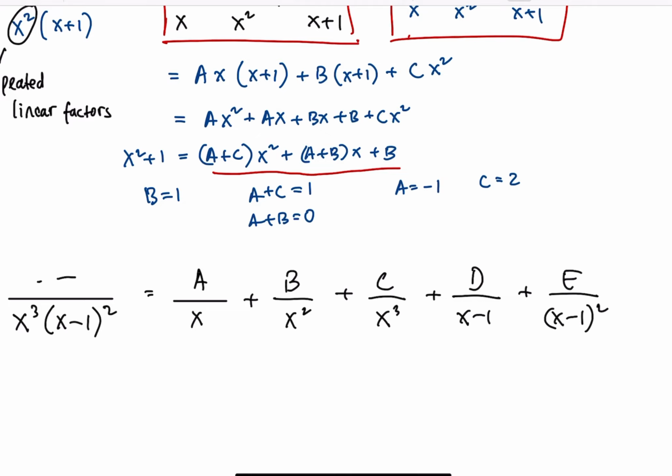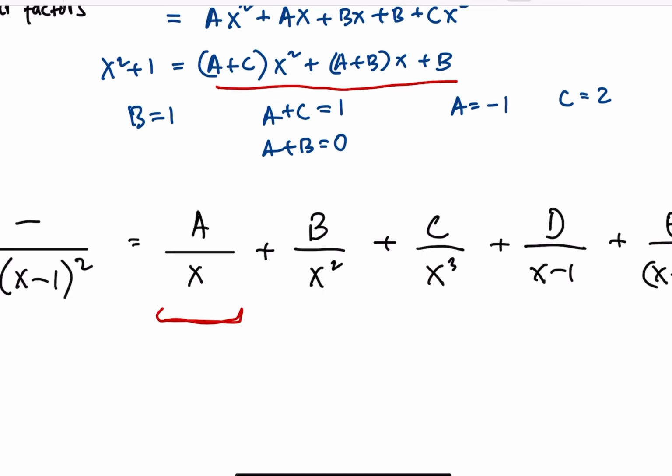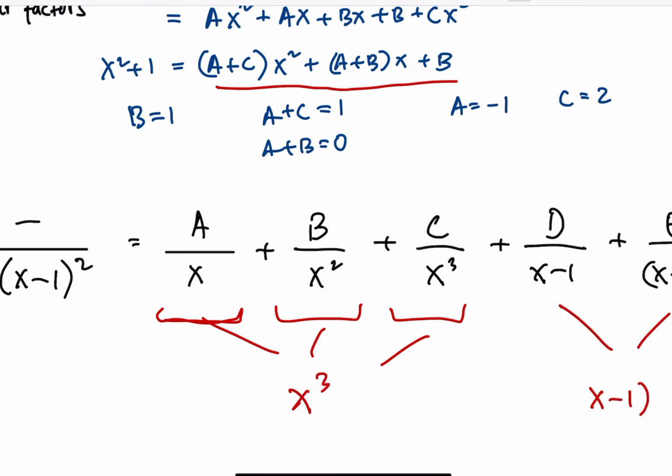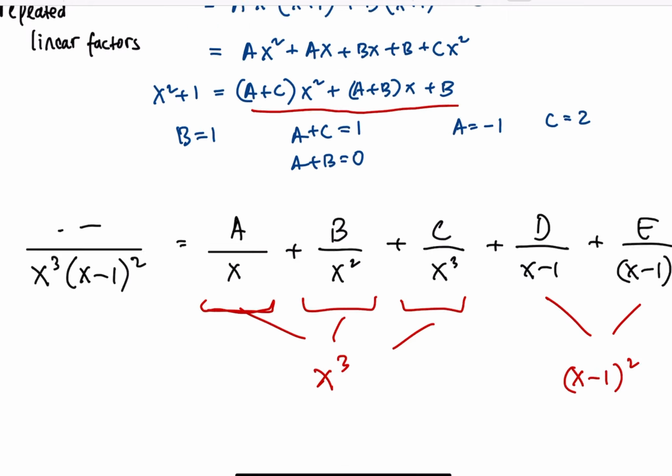And it is nicely done. These three terms are the repeated linear factor for x cubed, and these are the repeated linear factor of (x minus 1) squared. Okay, and it is nicely separated.